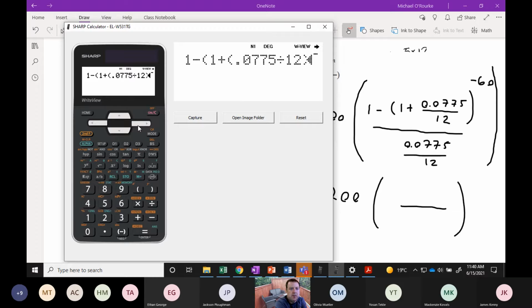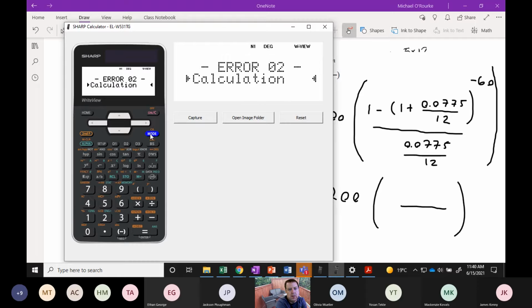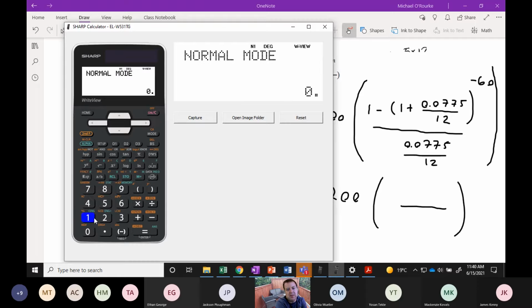Oh, geez Louise, after I say it's so good. 1 minus bracket 1 plus bracket 0.0775 divided by 12 bracket to the power of -60.